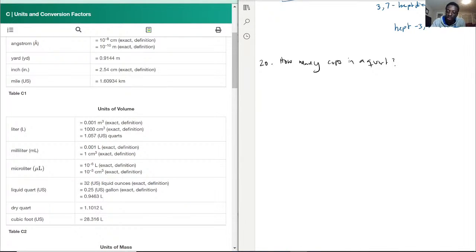So first, we're going to start with a quart. And because we want to make sure this is translatable with everything, we have X quarts. Okay?